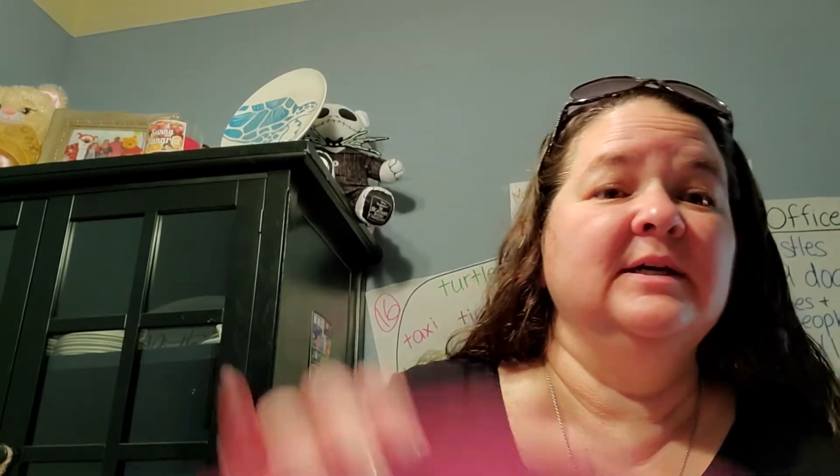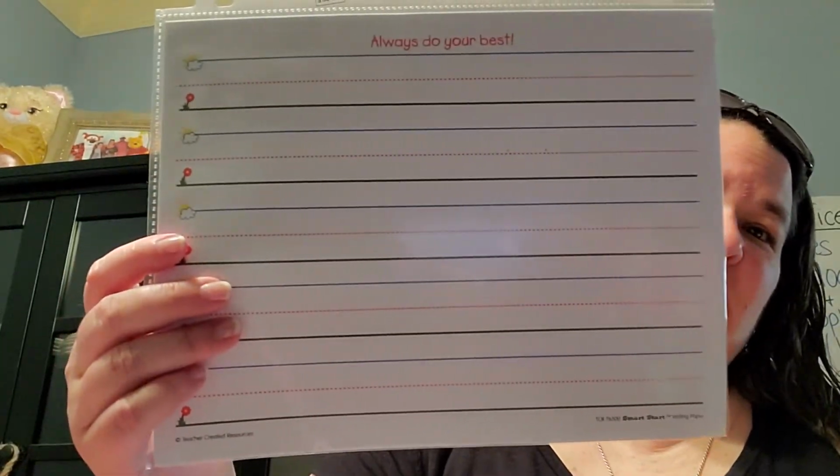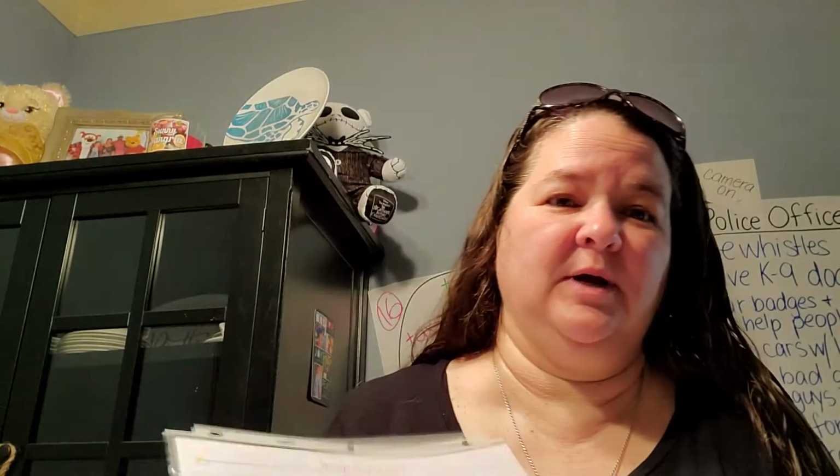Alright, so this week in writing we're working on 10 Black Dots. You're going to need your journal. We're going to do another sentence strip picture. You're going to need your writing practice sheet because we're going to practice writing the uppercase T, the big T. You'll need your Expo marker.